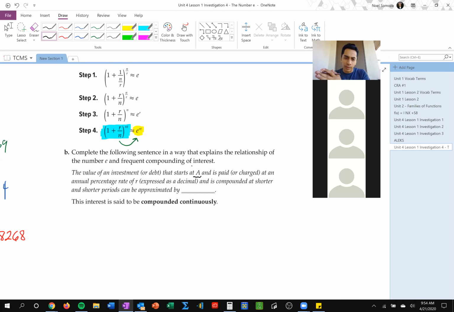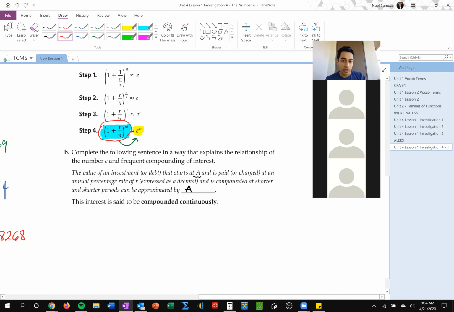So that means that now we're going to utilize E as part of the formula. The formula is always going to start with your initial amount as an investment. That doesn't change. So we're going back to A as your initial investment. What is it that you multiply it by? Typically it would have been this had you been in traditional compounding.